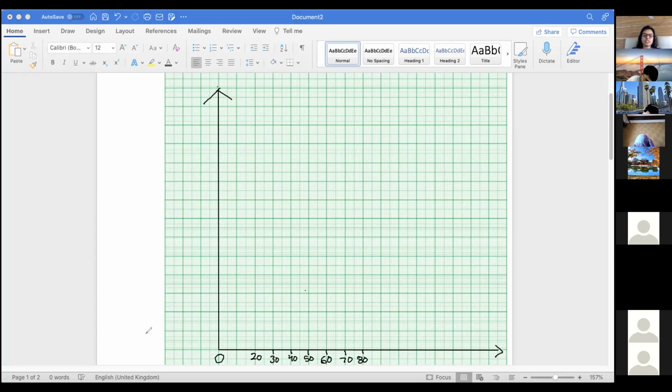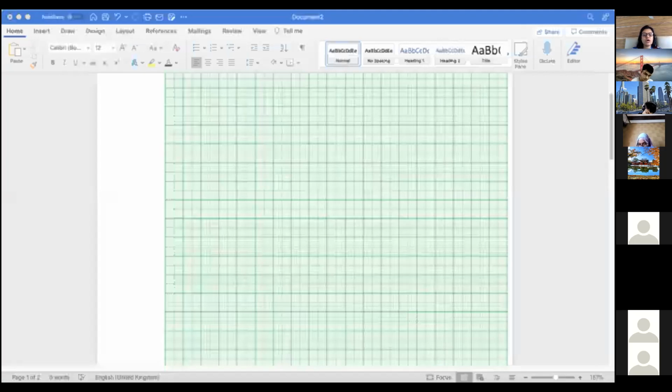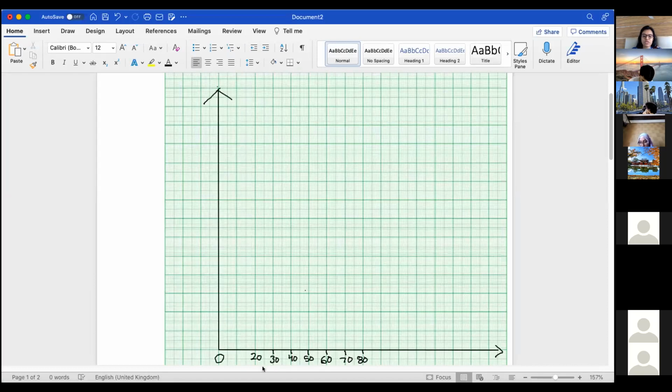Now frequencies, what is this table? First of all, marks obtained and number of students. So we have to write over here marks obtained. And here we'll write number of students.